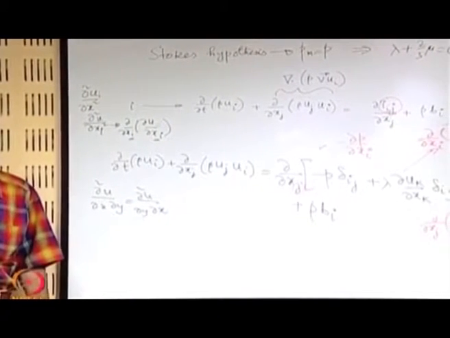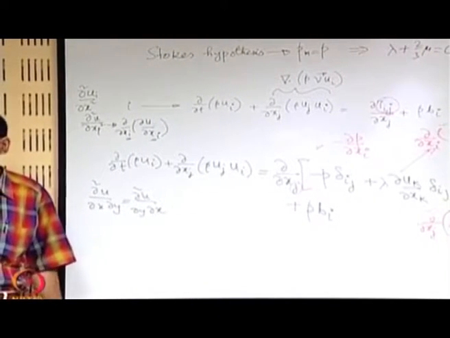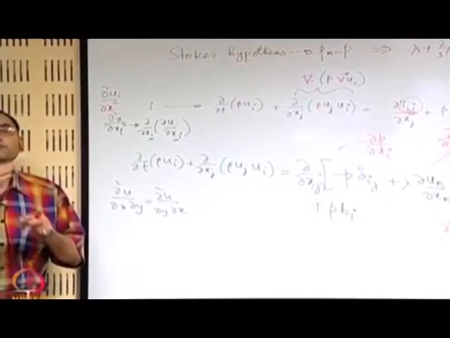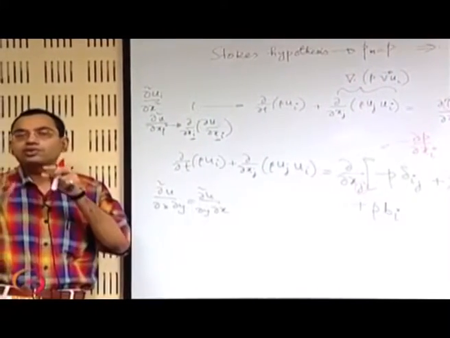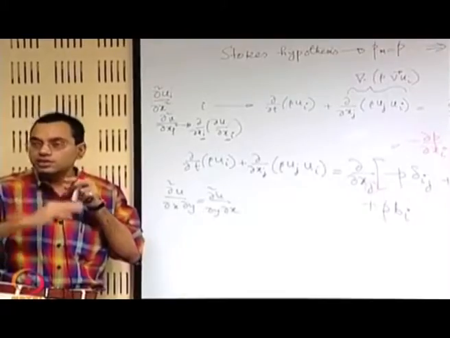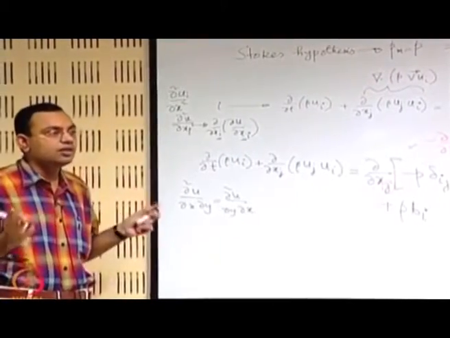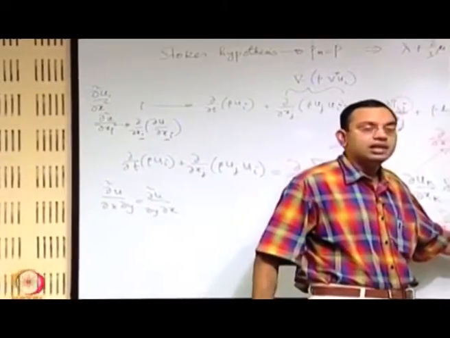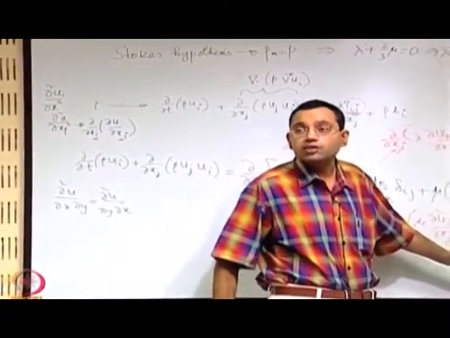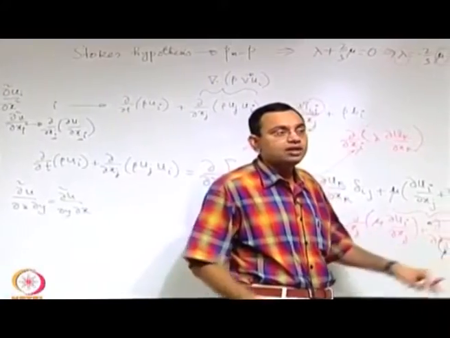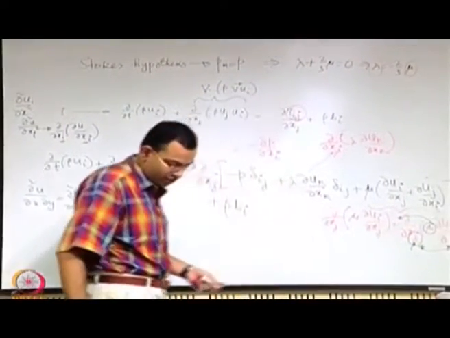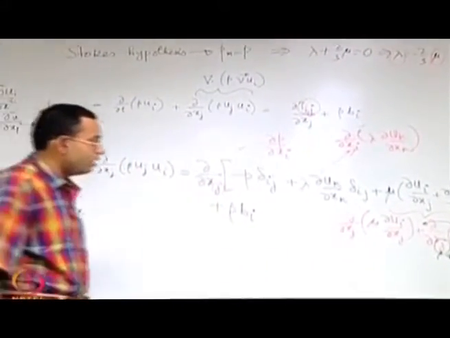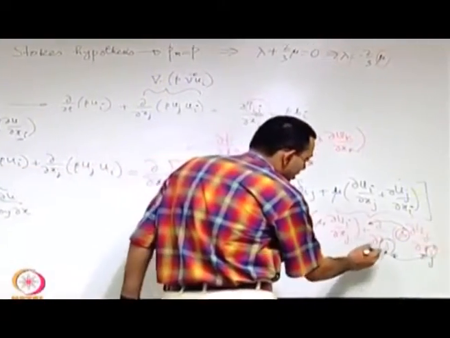You may either do derivative with respect to x first and then y, or with respect to y first and then x, still they will give you the same result if it is a continuous second order partial derivative. So here we are assuming that it is continuous. There is no discontinuity that we are assuming, and in a continuum hypothesis that is something we should presume anyway. So then what does this term become?